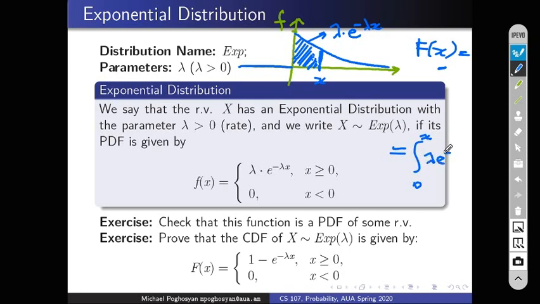Lambda e to the minus lambda t, I'm changing this to t, not to confuse with this x, dt. And if you integrate this, you will obtain 1 minus e to the minus lambda x exactly. I'm not doing the details. You can do that by yourself. I will use this formula a lot. In fact, I will use both the PDF and the CDF for the exponential random variable.